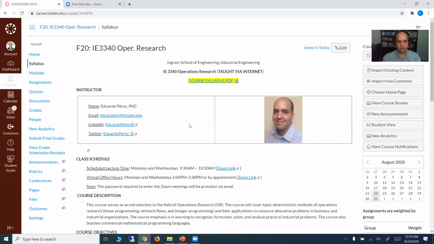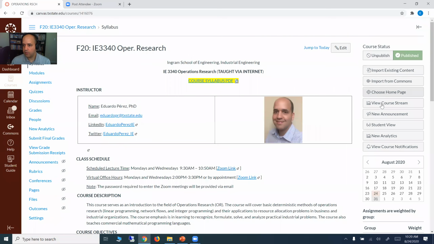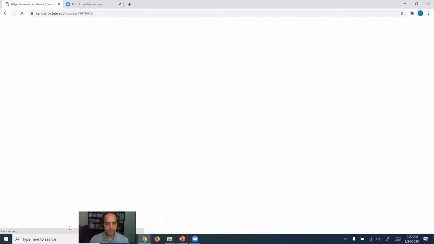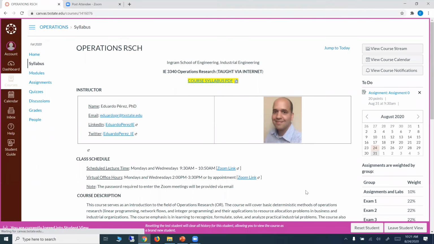So this is the Operation Research Canvas site. So if you go, let me use the student view here. So this is the student view.